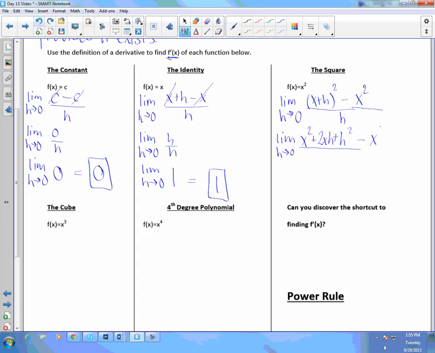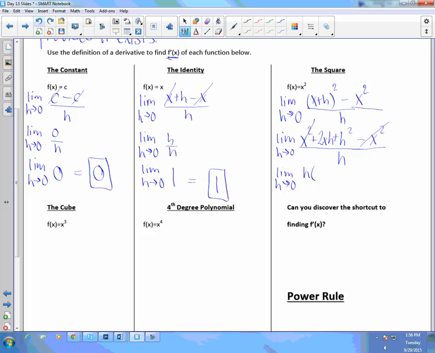But don't forget there's a minus x squared afterwards, because everything without an h cancels. If it doesn't, you've done something wrong. You should hopefully by this point have that trigger. If I don't have everything without an h canceled out, something I've done is wrong.